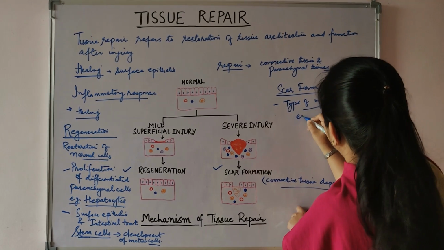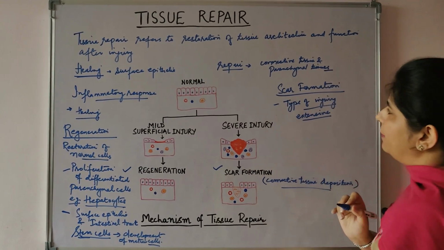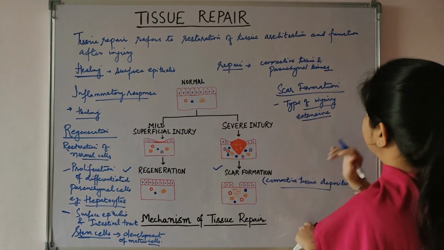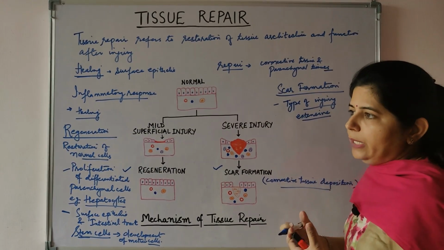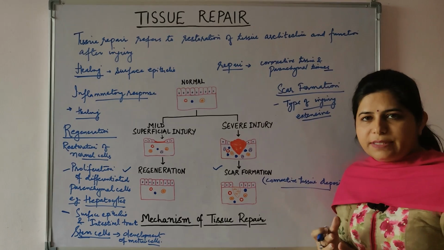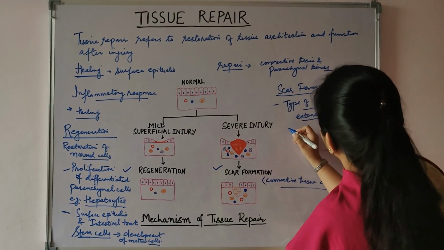If the injury is extensive, healing will occur by scar formation. It also depends upon the type of tissue, whether it has proliferative capacity and whether stem cells or progenitor cells are present.